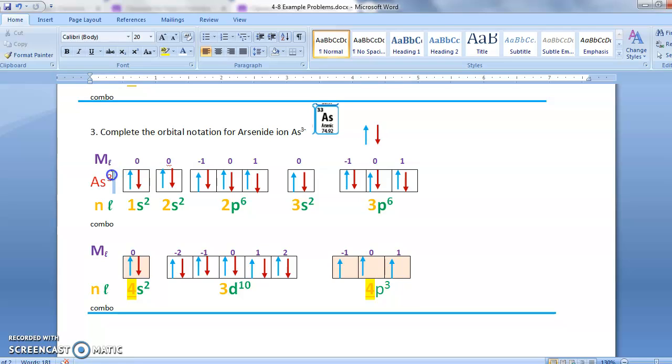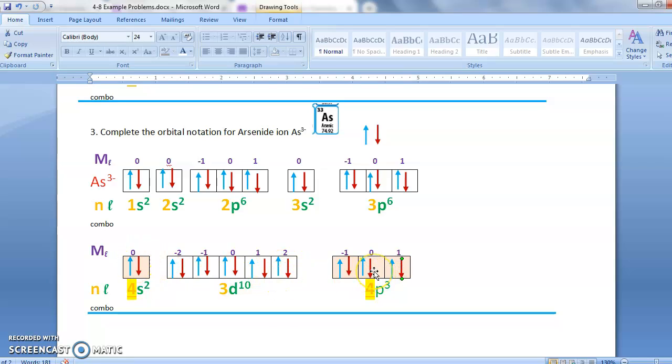What charge is the arsenide ion? The arsenide ion is 3 minus. I'm hoping that we're seeing now that the reason it wants to be 3 minus is it is able to be left with the outermost S full.